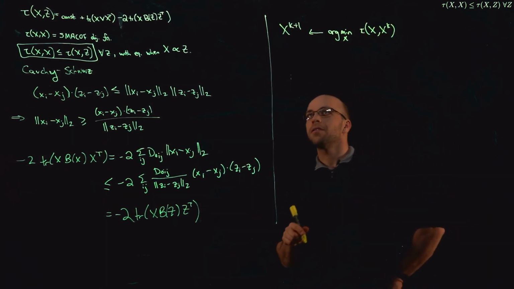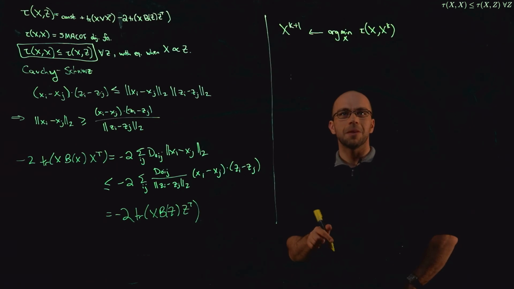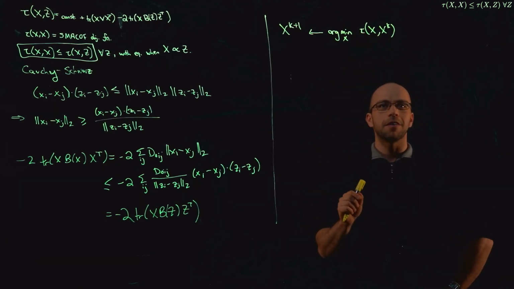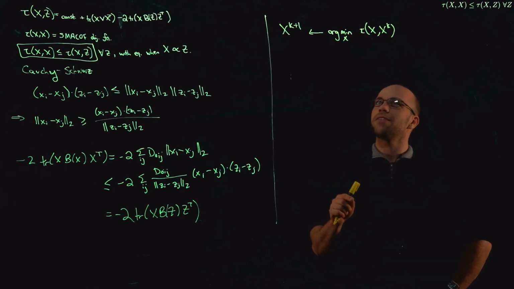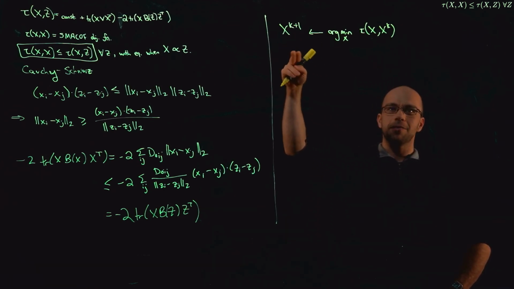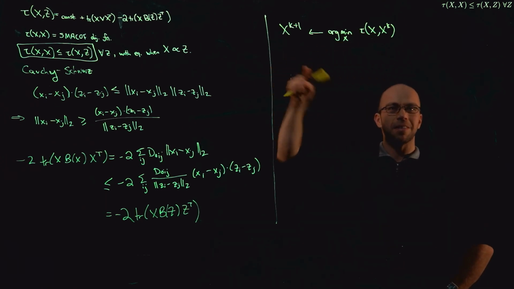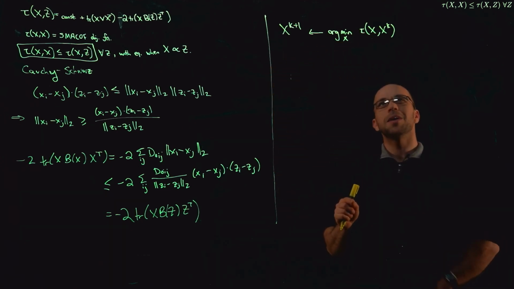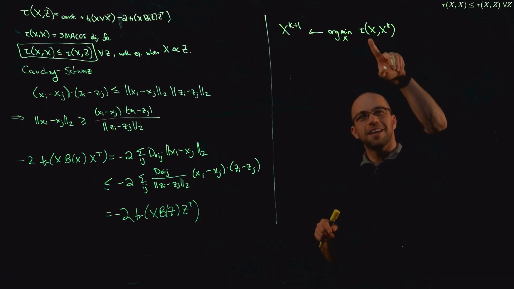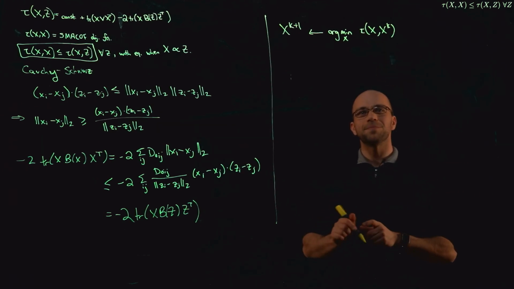So remember, really the optimization problem that we wanted to solve was to minimize tau of x comma x over all x, but we're going to have an iterative algorithm where we initialize x0, then we get x1 and x2 and x3 and x4 by solving this optimization problem, where we take one of the inputs to tau and pretend like it's a constant and just optimize over the other one.